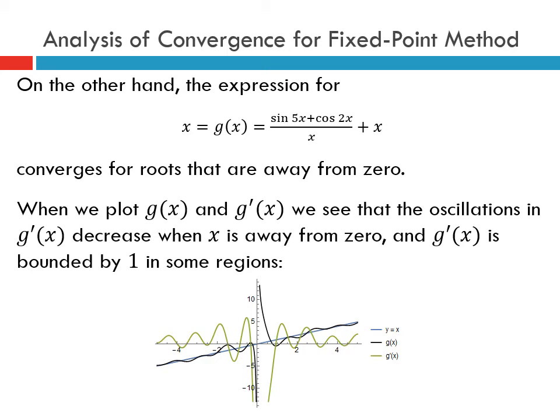So if we're near 0, our derivative is very large, in the negative, but as we move away from that, the oscillations become smaller, and the value of the derivative becomes smaller, and it becomes less than 1 in some regions. So when we use this expression for my g of x, then we were actually able to get convergence.